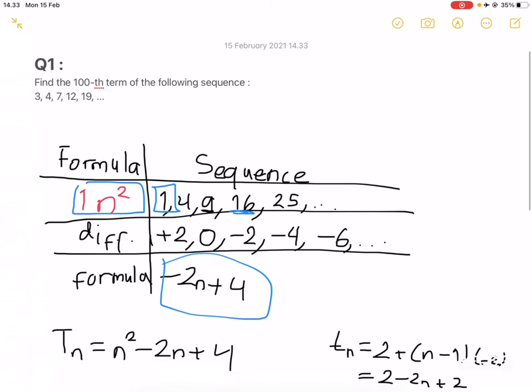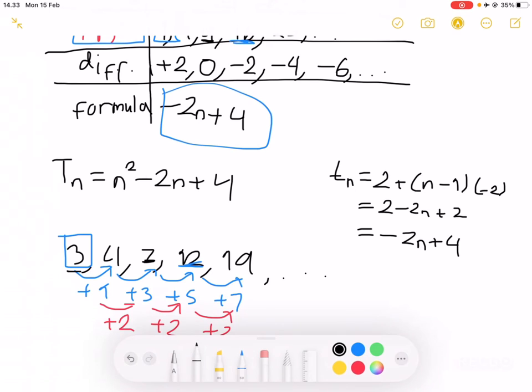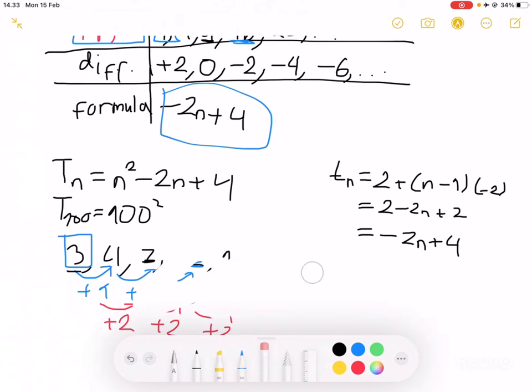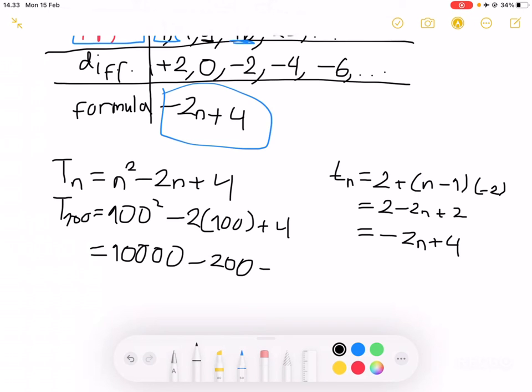And what the question is asking us is the 100th term. So T of 100, just substitute n equals 100. So 100 squared minus 2 times 100 plus 4. I'll just erase these things right here, we don't really need them for this. 100 squared will be 10,000. 2 times 100 is 200, plus 4.